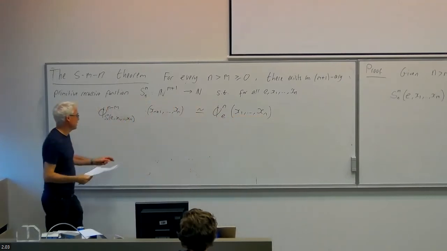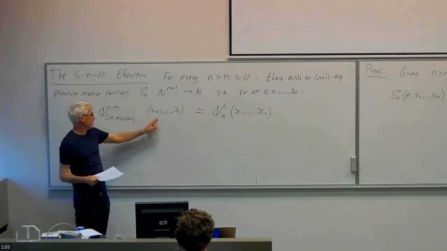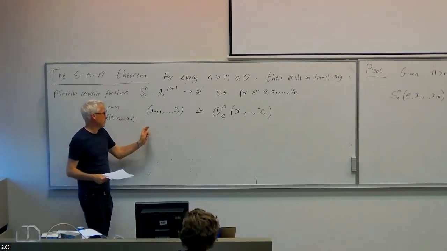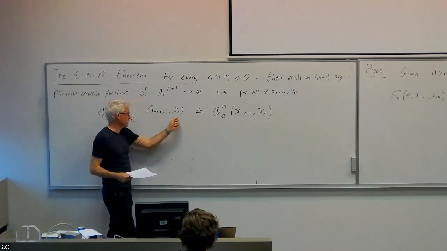We want to return the code for a Turing machine that takes n minus m arguments and computes that function when just given the last n minus m of the arguments.